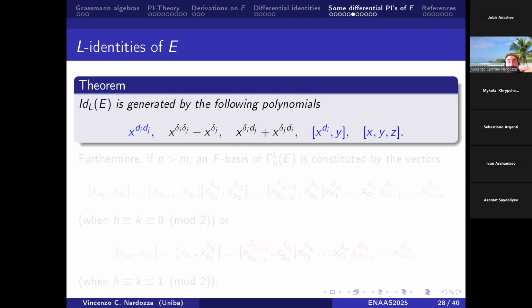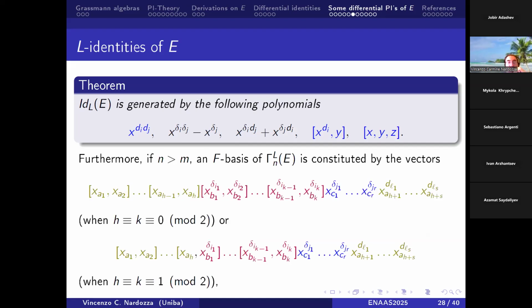To prove this theorem, one has to describe explicitly a basis of the vector space Γ_n^L of E, which is rather complicated.